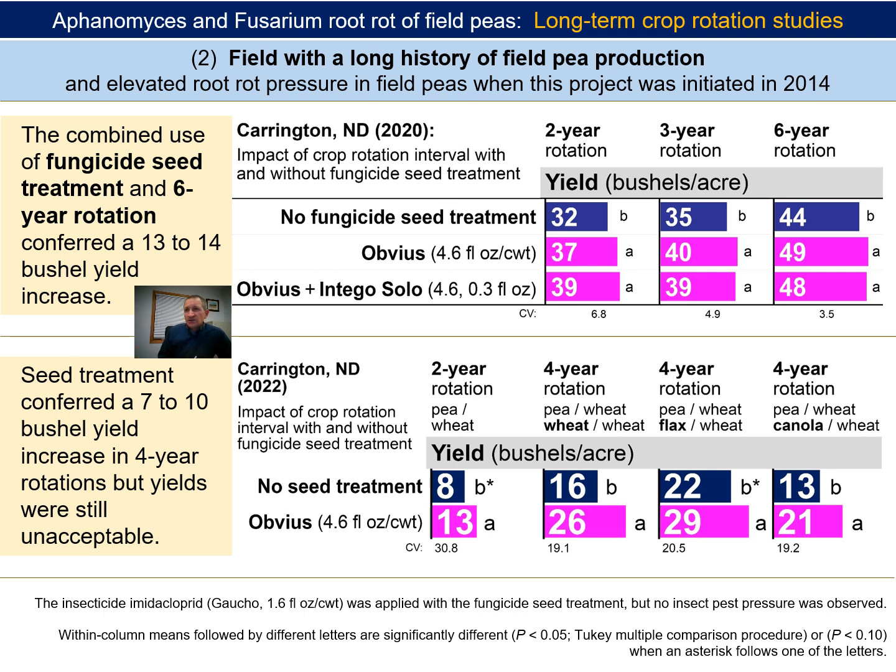What I would caution you on is that this seed treatment, in this case Obvious from BASF, has excellent efficacy against Pythium and Rhizoctonia, and some degree of efficacy against Fusarium, but it's not fantastic, and certainly zero efficacy against Aphanomyces.